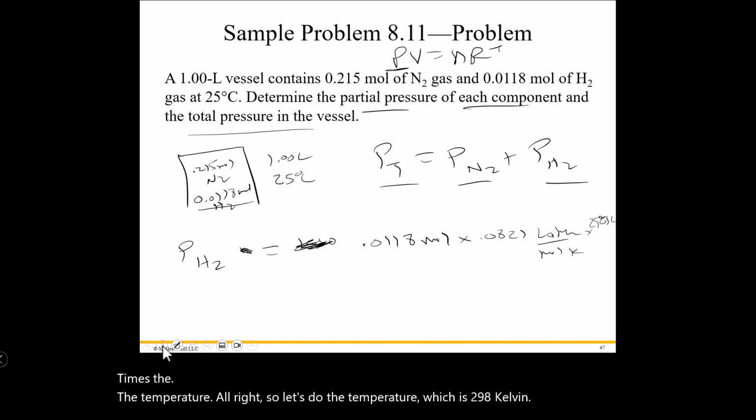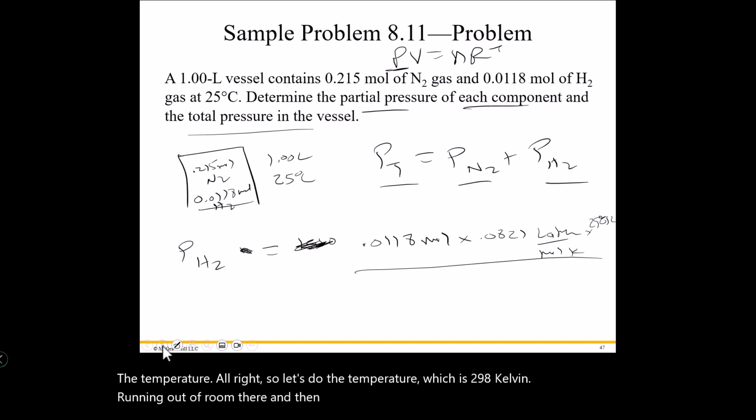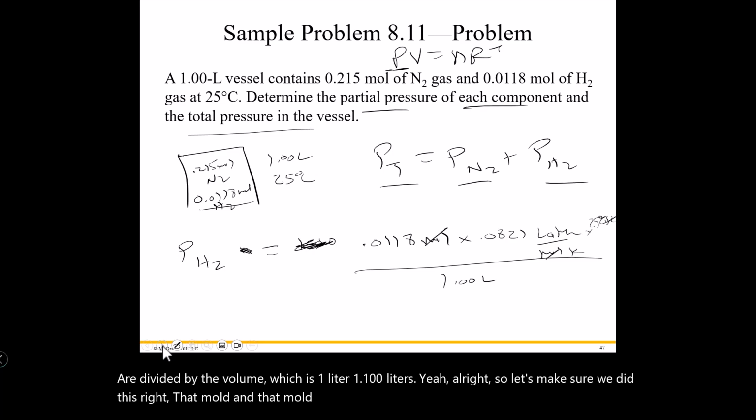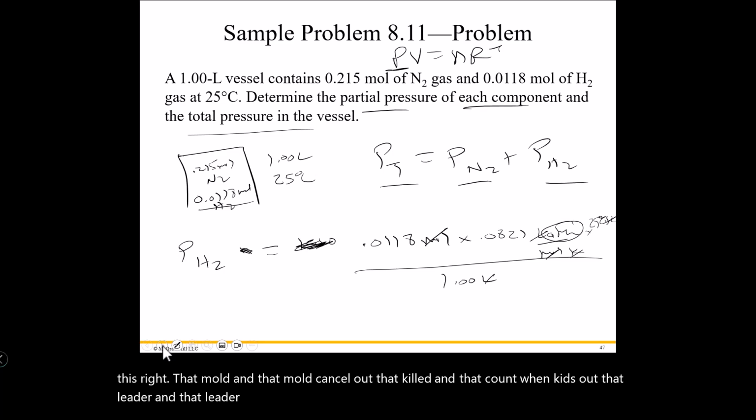And then divide by the volume, which is 1 liter. All right, so let's make sure we did this right. That mole and that mole cancel out. That Kelvin cancels out. That liter and that liter cancel out. I'm left with the atmospheres, which is what I'm looking for.